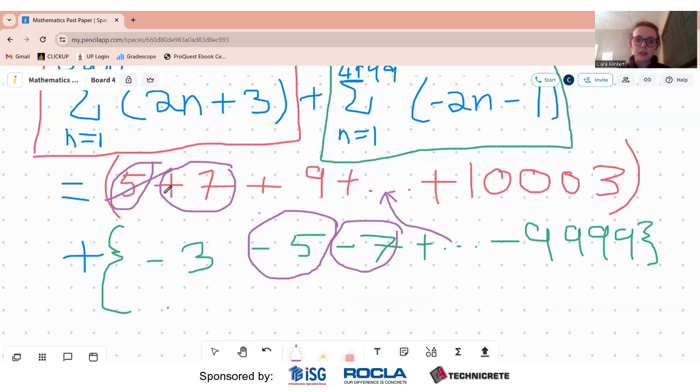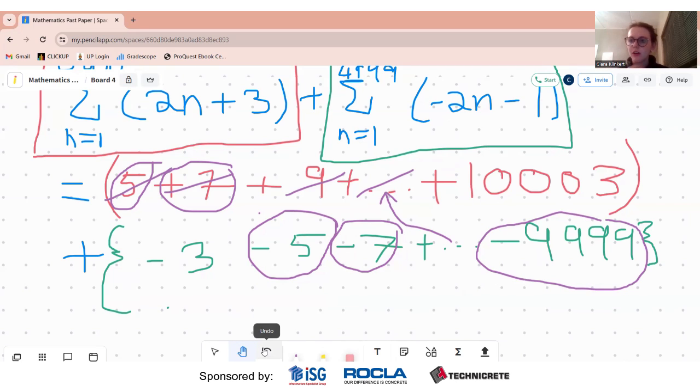So all of these terms are going to cancel. Now I see that this one ends on a minus 999, and this one ends on a positive 10,003. So I actually want to expand the first one a little bit more, to see what the second last, third last terms are.